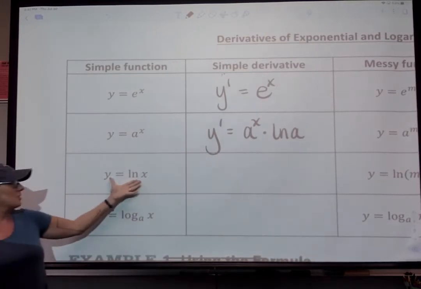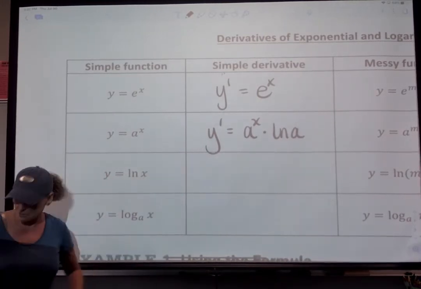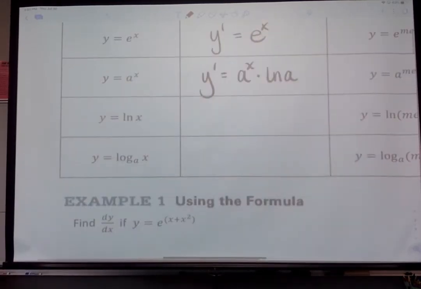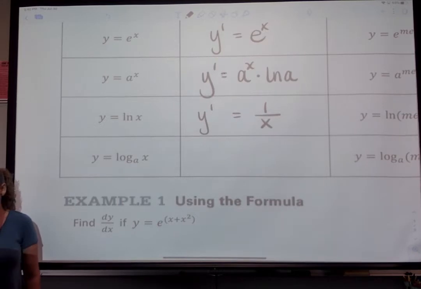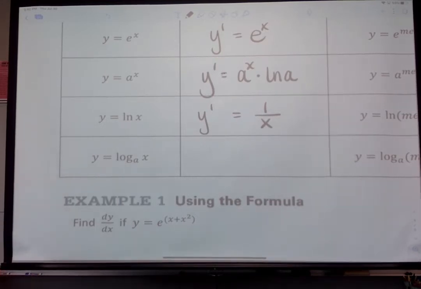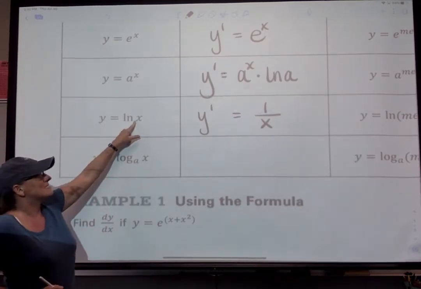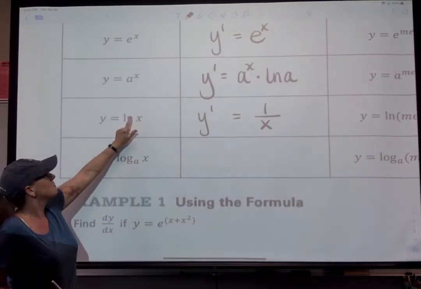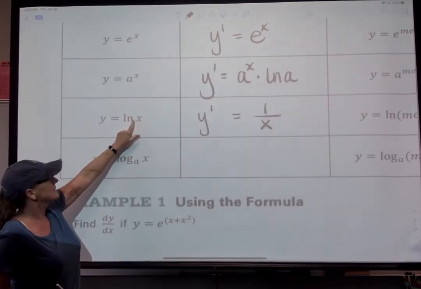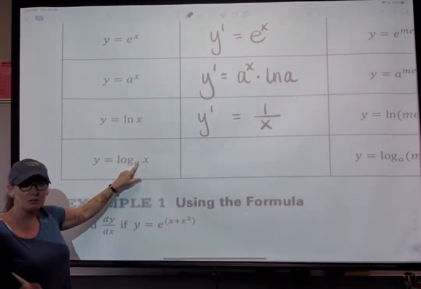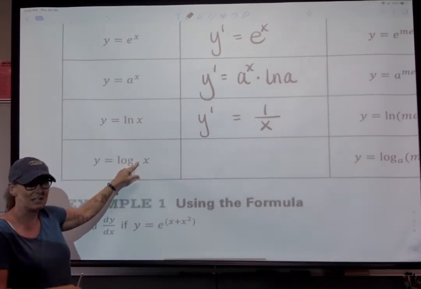All right, natural log of x, you're going to like this one too. The derivative of natural log of x is y prime equals 1 over x. And that's if your base is e. That's if the base of your logarithm is e. What if your base of your logarithm is something besides e?